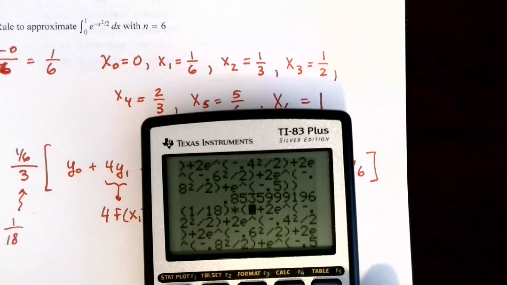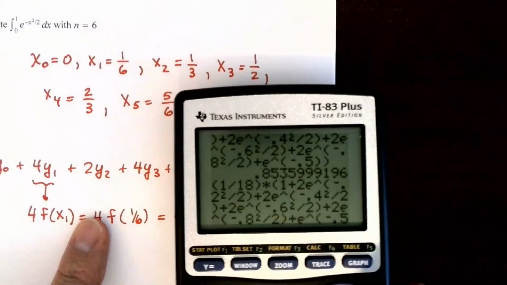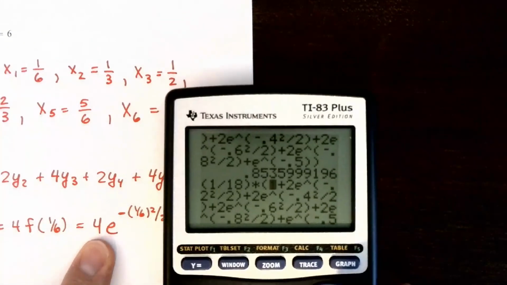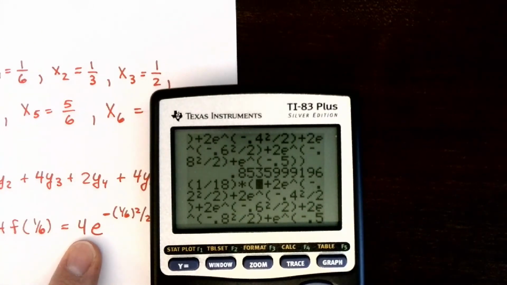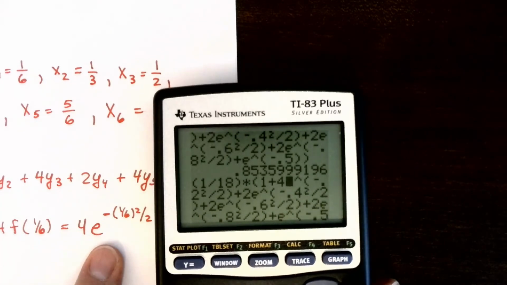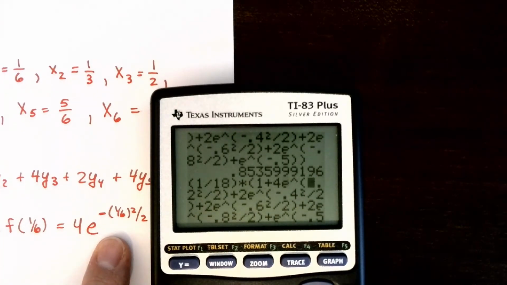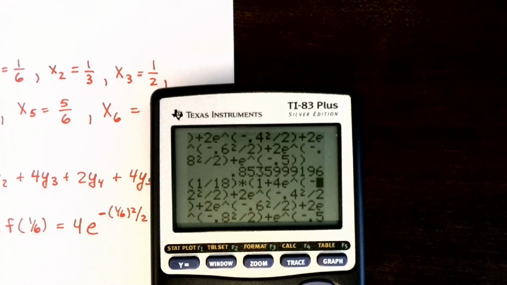4 times y sub 1, and we've got that here. So that's going to be a 4, e raised to the negative, and here I had a decimal for 1/6. Now I'm going to do the actual fraction.